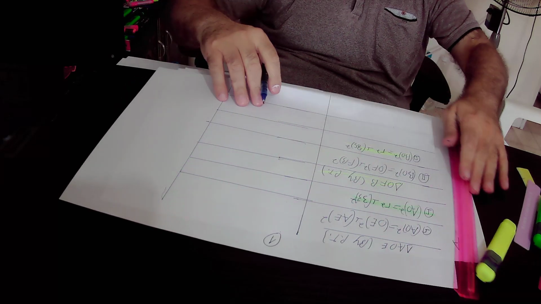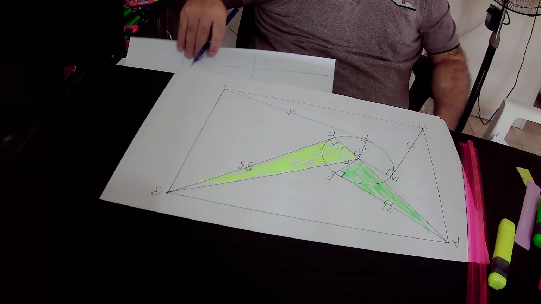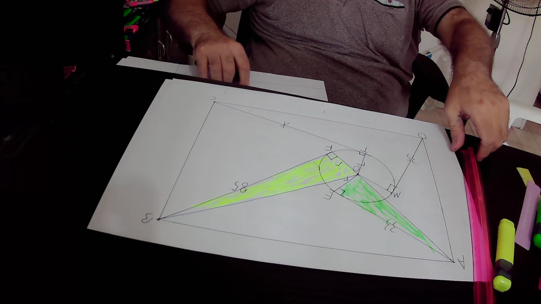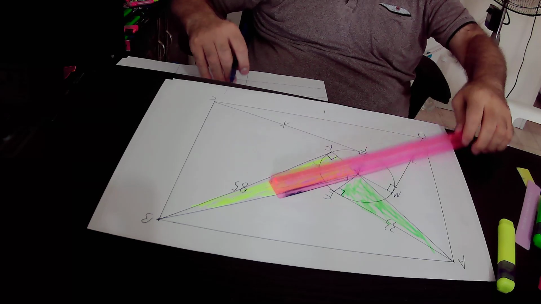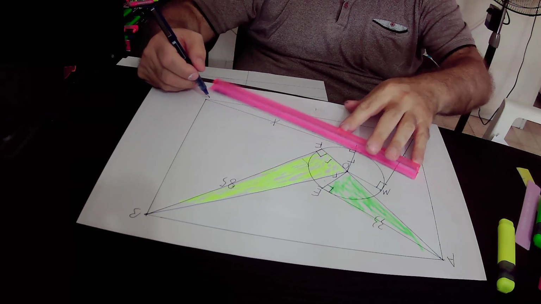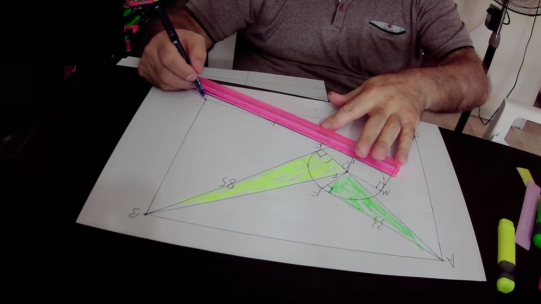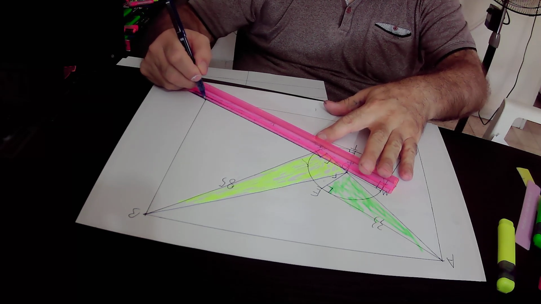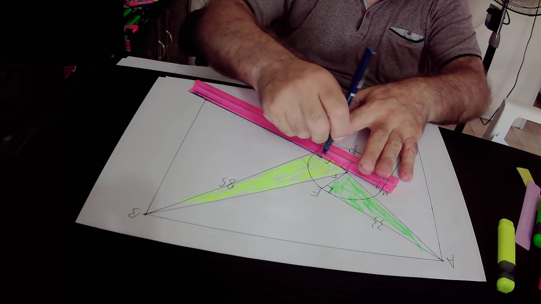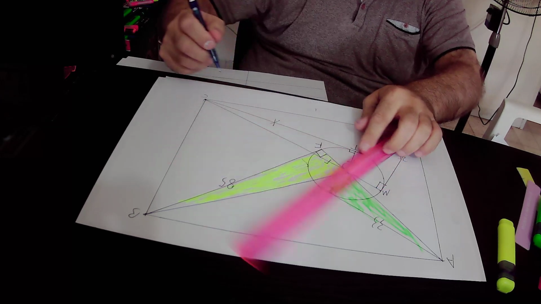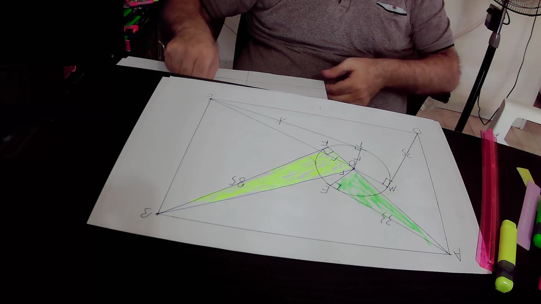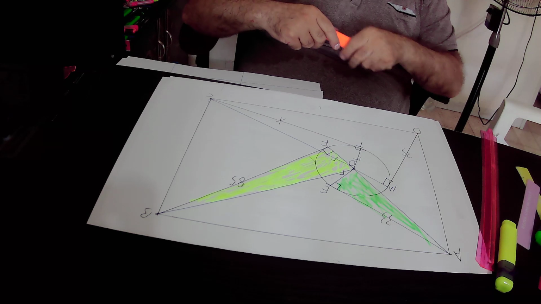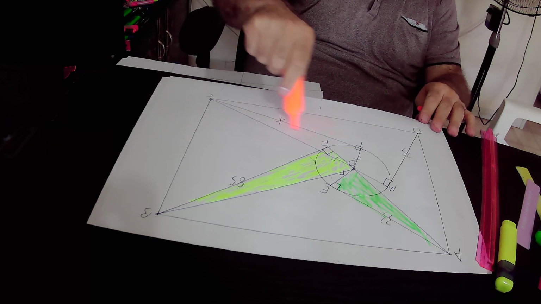In the next step, we join points O and C together by a straight line. And we will implement the Pythagoras theorem on the right orange triangle OTC.